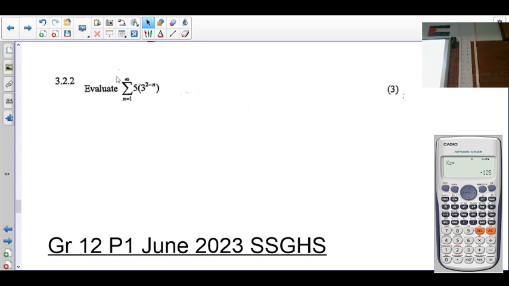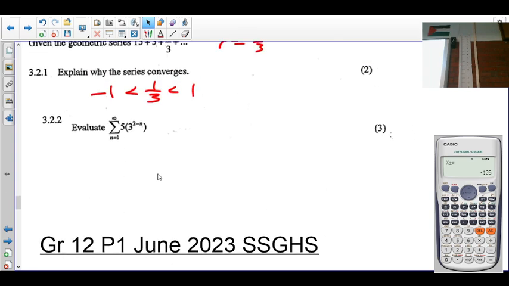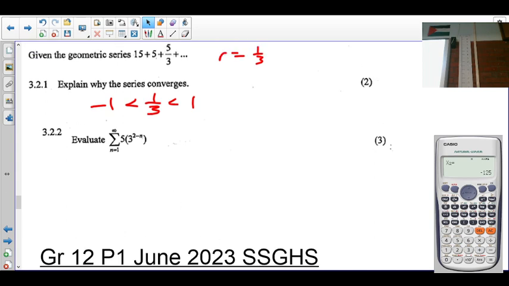The next question says evaluate, determine or simplify all means the same thing. Okay. As you can see, it's going to the sum to infinity. Okay, so most of you would have linked that already to this sequence. Now say we didn't know that, or that sequence wasn't given the series. Then what we do is we then say to work out the first 3 terms, because that is the nth term.